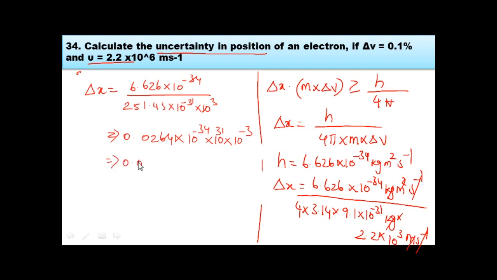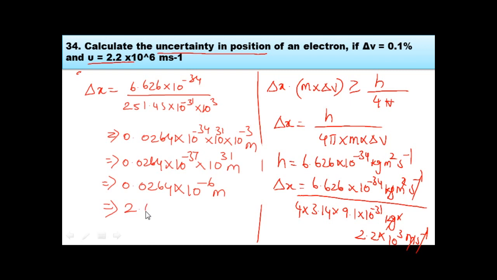So 0.0264 into 10 power minus 37 into 10 power 31. So 0.0264 into 10 power minus 6 meter. The final answer is also correct as 2.64 into 10 power minus 8 meter. So this is the delta X value, the uncertainty in the position of the electron.